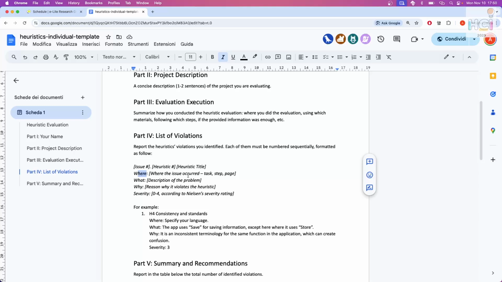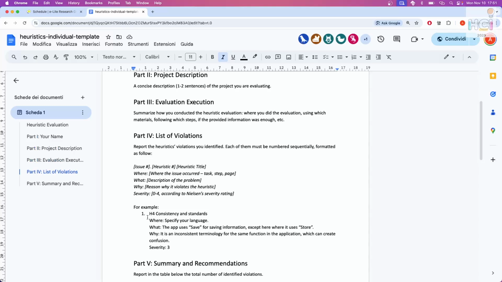You can refer to the task, to the specific step, to the specific page, so that we can understand where this problem occurred. Then the what, so the description of the problem, and finally the why, so the reason why this problem violates the heuristic. And finally, there is the severity rating from, I would say, 1 to 4, because 0 is used in the debriefing phase, something that we will not do in this course.